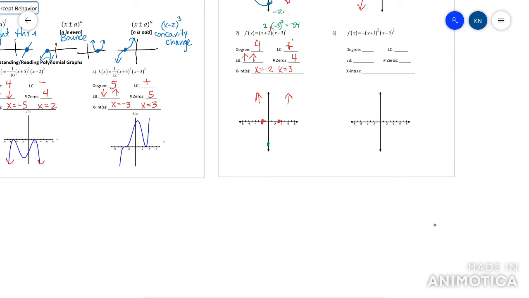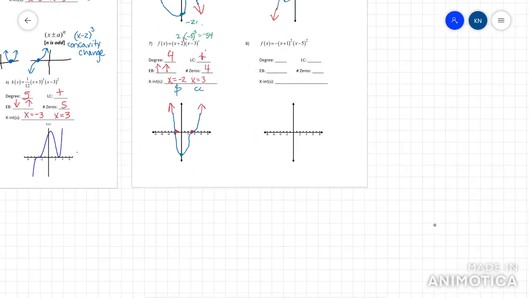That means it's a concavity change there. This guy at -2 is just a straight through. So cut straight through -2. Go hit that y-intercept. Come up this way. Concavity change. Done. I know it looks kind of weird over here, but it is what it is.